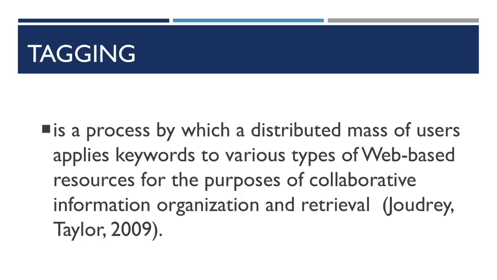Our text says tagging is a process by which a distributed mass of users apply keywords to various types of web-based resources for the purpose of collaborative information organization and retrieval.